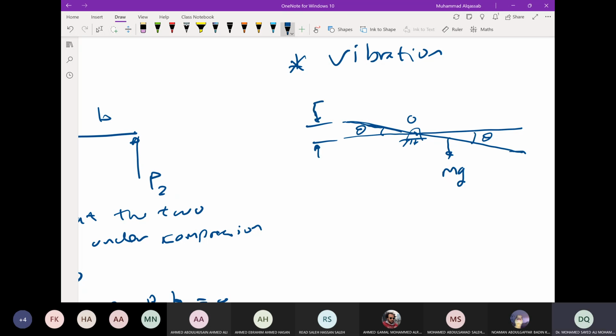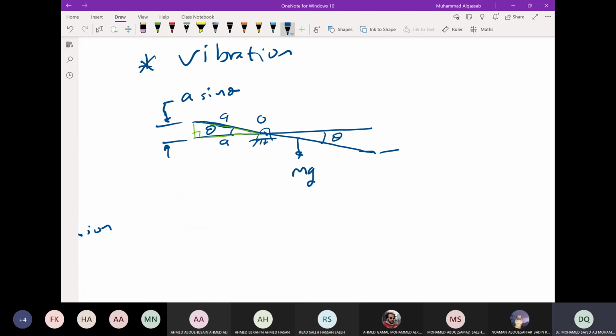Okay, how much is this distance? You can draw a right angle triangle, and you will find that this distance is A sine theta, because the whole thing is A, the bar. And this distance will go downward and equal B sine theta if you just complete the right angle triangle.